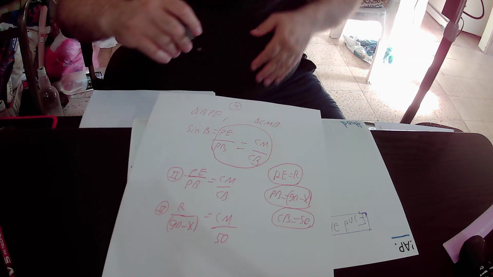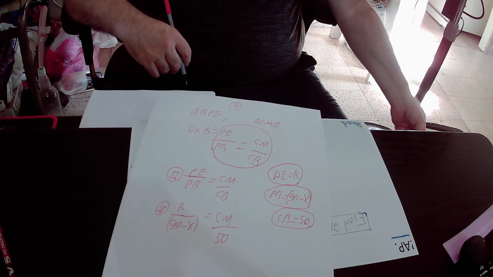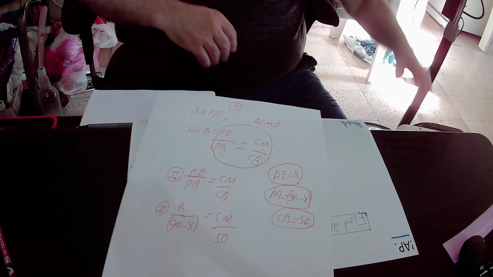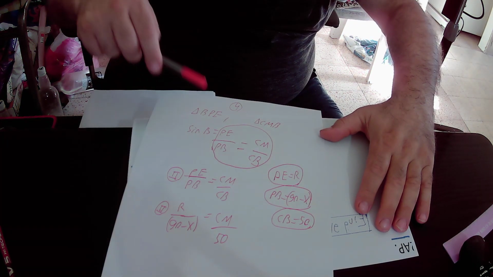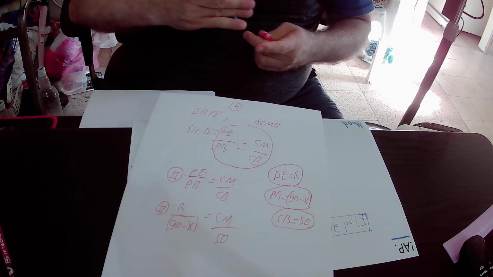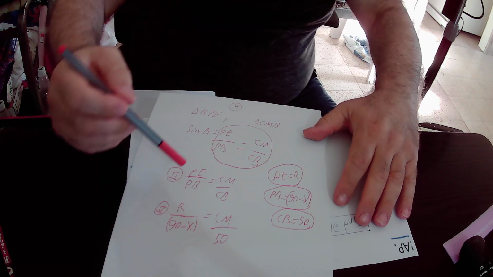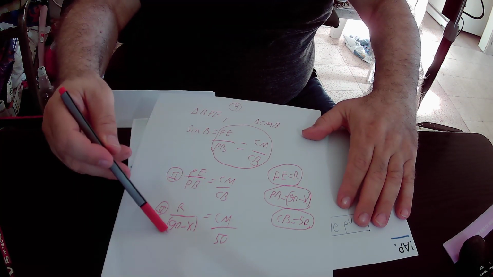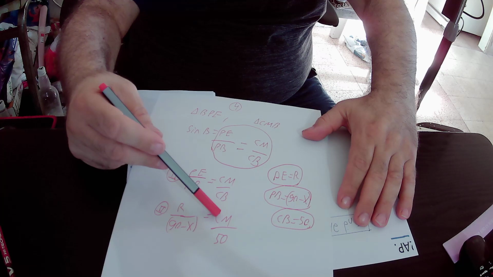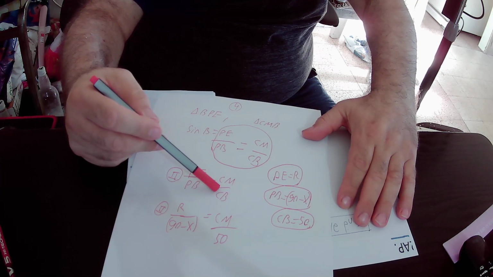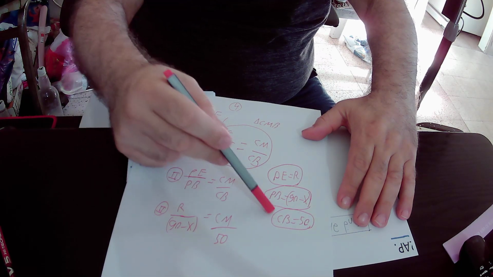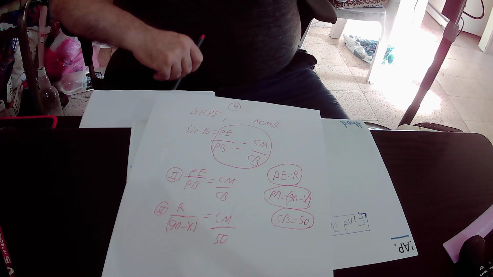So we actually put the data in equation number 2. We substituted PE by R because PE equals R, and we also substituted PB by 90 minus x because PB equals 90 minus x, and we left CM as it is, and we substituted CB by 50 because CB equals 50.